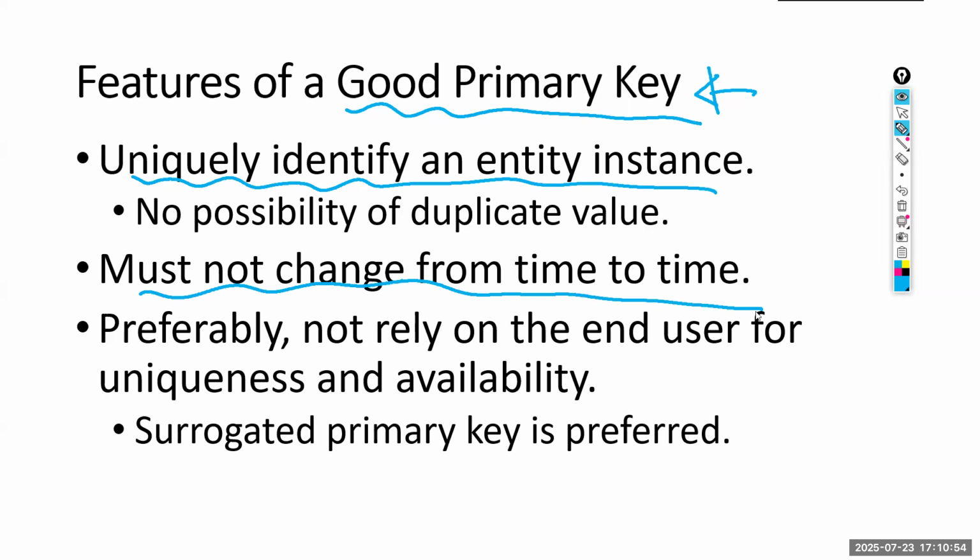You can see that most of the time the primary keys we select are not supposed to change, right? For example, your NIC number. Your NIC number is not going to change. Though it is a domain key, it's not going to change unless there's a big change in the way the government handles citizens.